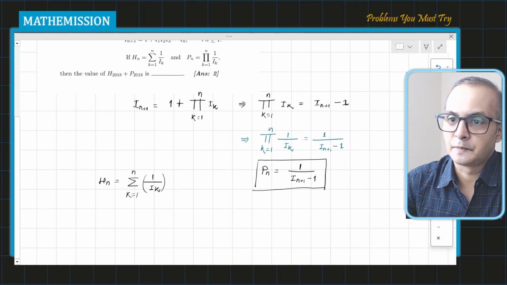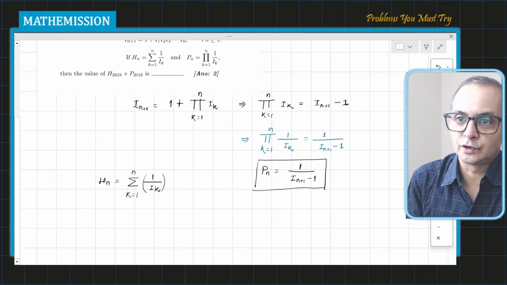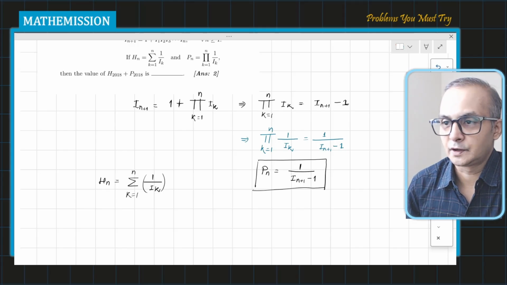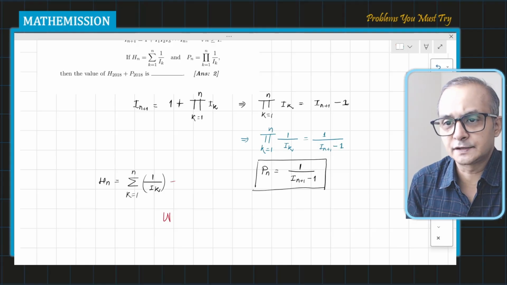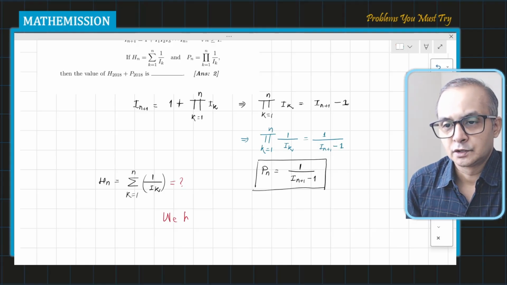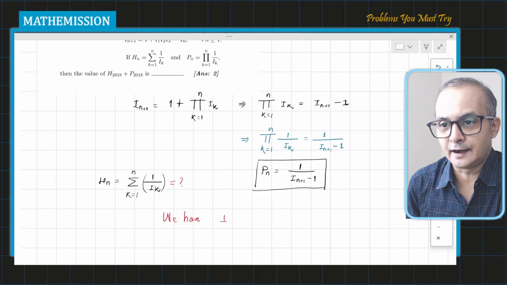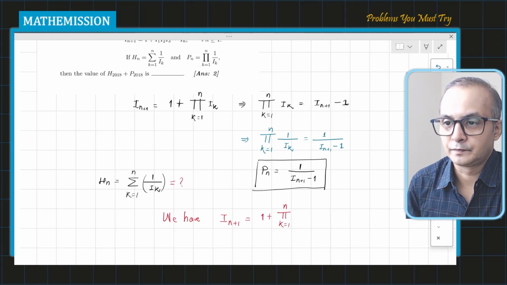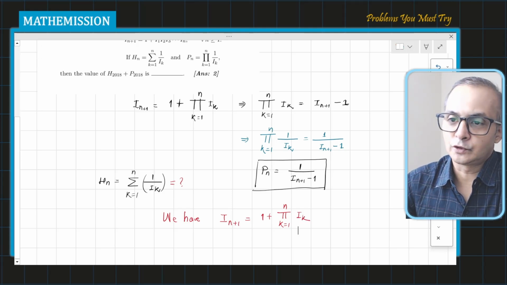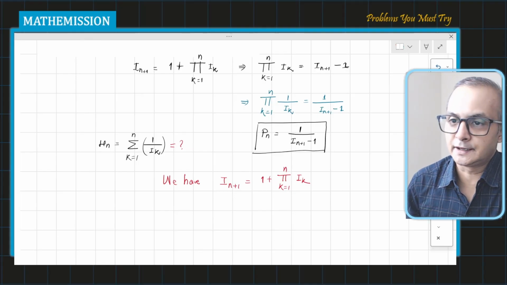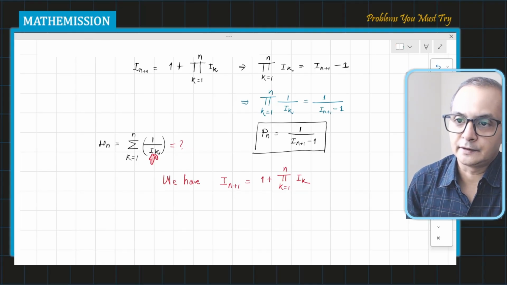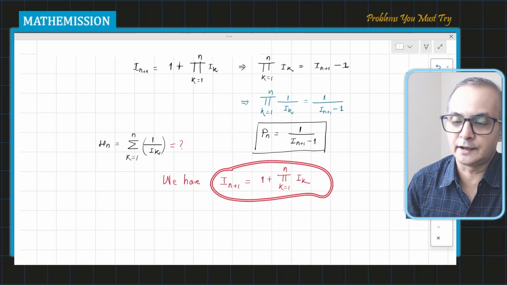Now this index is a little bit confusing, so we have to understand it very carefully. This is Ik here, so this is In. Let's see what we have. We have In plus 1 equal to 1 plus the product, k goes from 1 to n, of Ik. From this I want to find Ik.